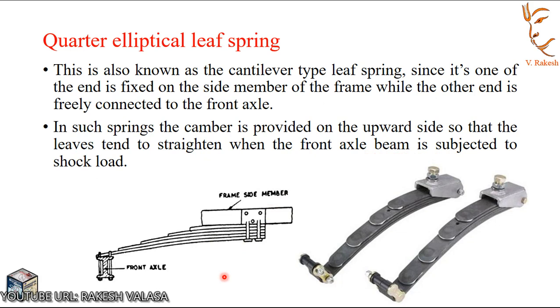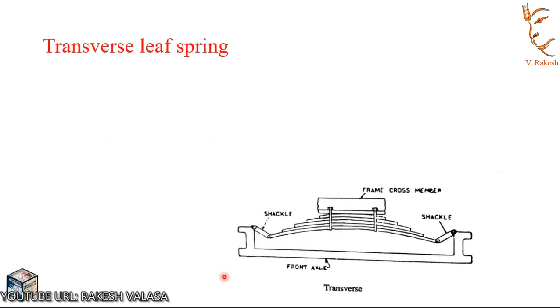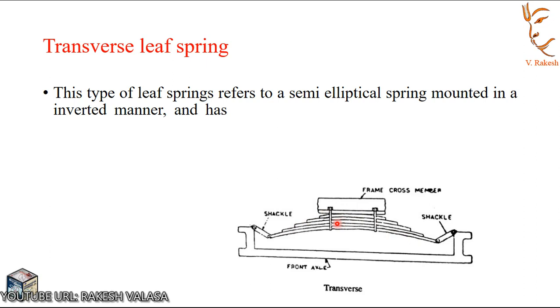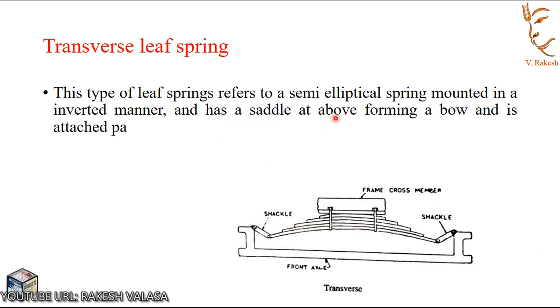Last one is transverse leaf spring. This type of leaf spring refers to a semi-elliptical spring mounted in an inverted manner and has a saddle above forming a bow, and is attached parallel to the wheel axle.